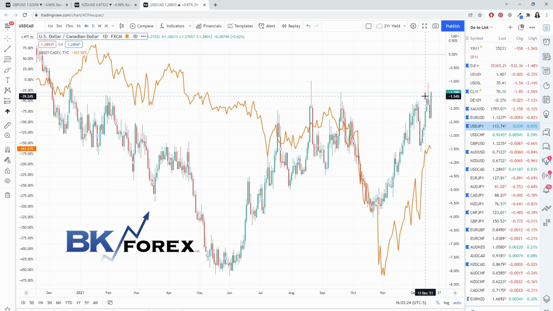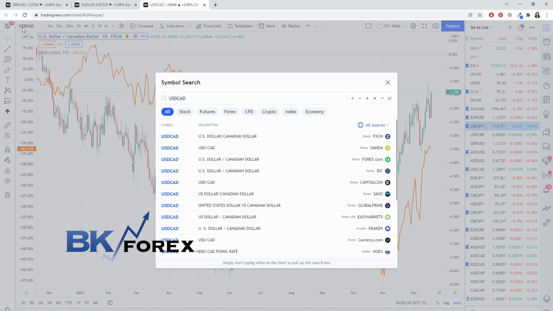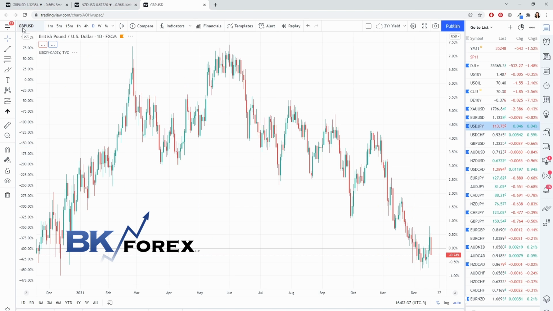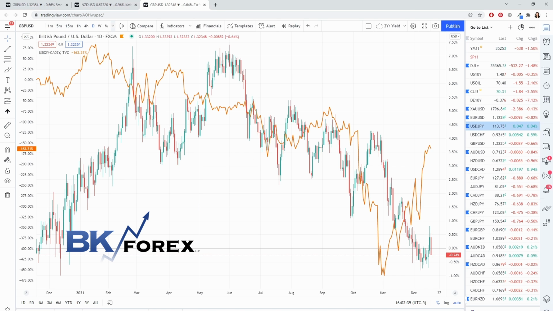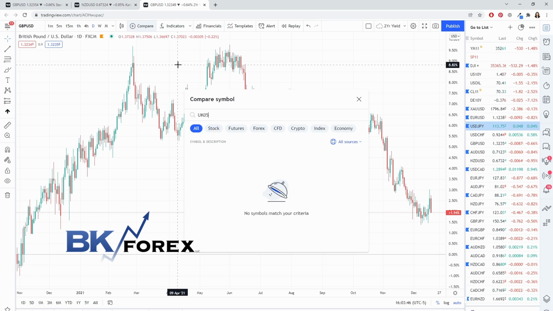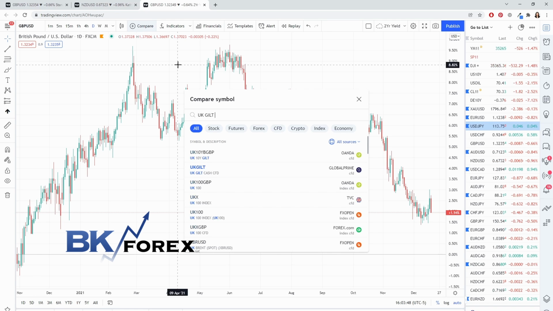For pound dollar, the 2-year yield does not work as well. And also, it's more or less because for some reason, TradingView does not have the 2-year yield. So instead, what you can use is the 5-year. And so we can do UK 5-year gilts. Let's see if we get that.